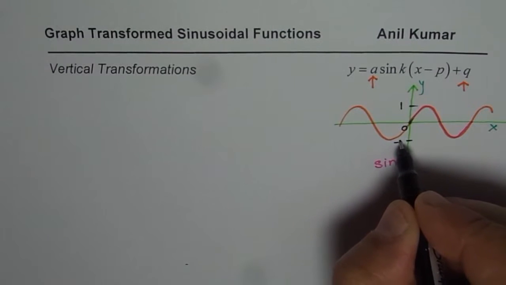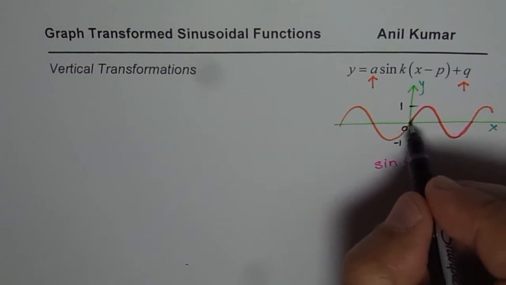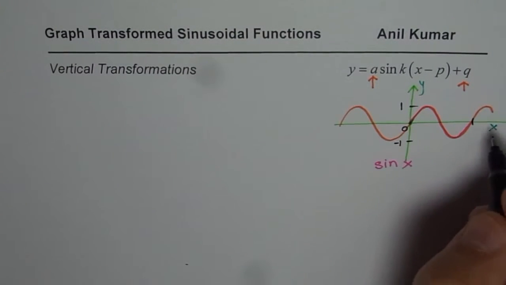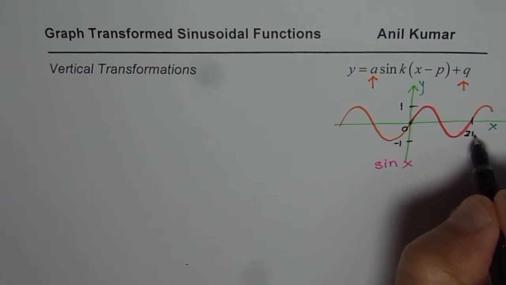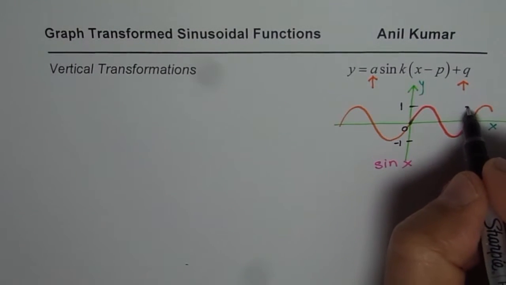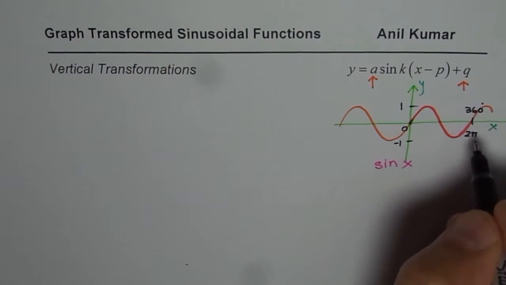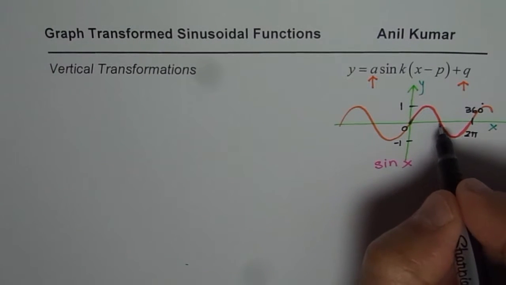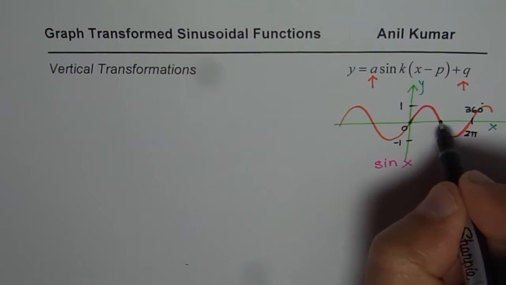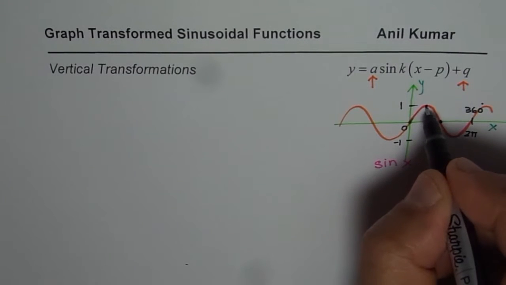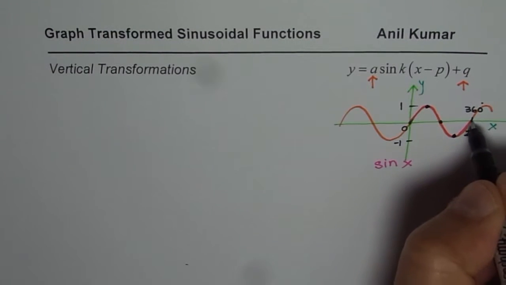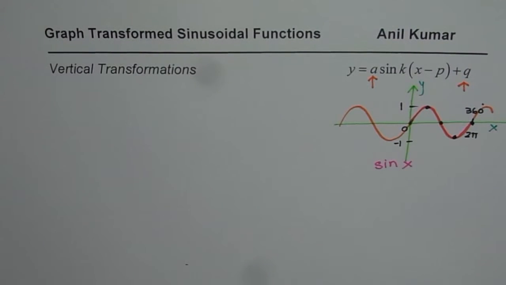Minimum is -1. Now one cycle takes 2 pi in radians or 360 degrees, right? So if you're working in degrees, 360 degrees. And then to identify the wave, we could have 5 points. These are the 5 points which we are going to consider.